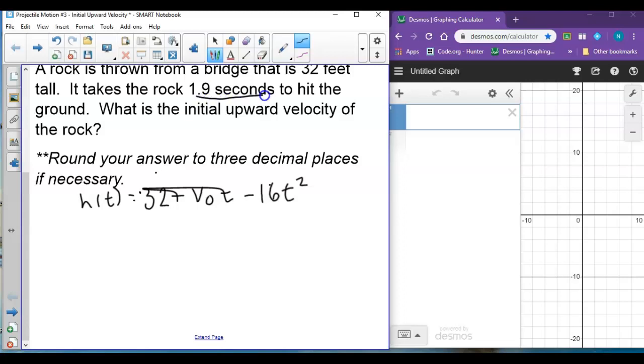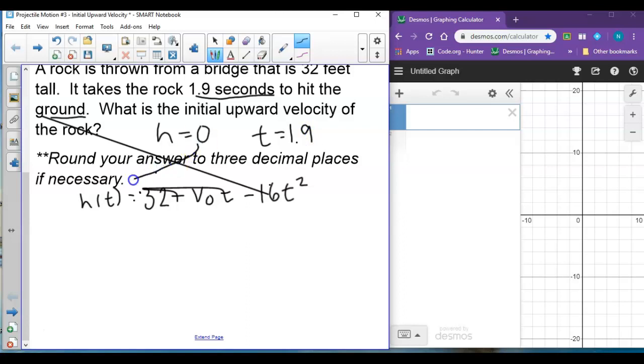In this case, we do have some information. We know how long it takes the rock to hit the ground. So if we think about this, when the rock hits the ground, its height is going to be 0. Not its initial height, but its height is going to be 0. And the time when that happens is going to be 1.9. So we can take these values and plug them into our equation.